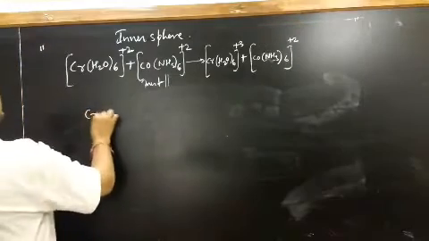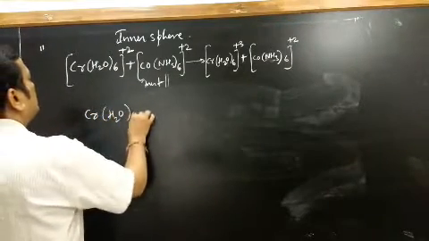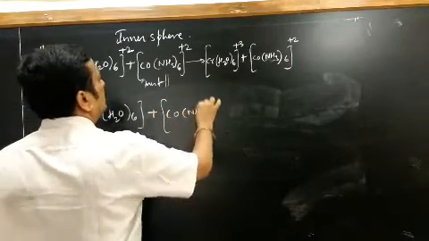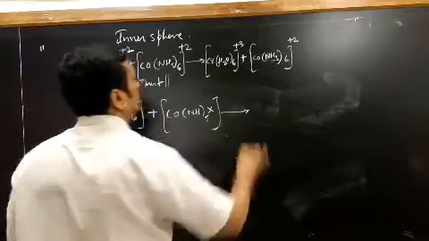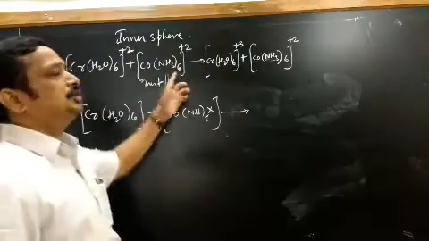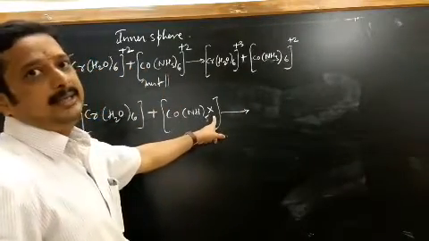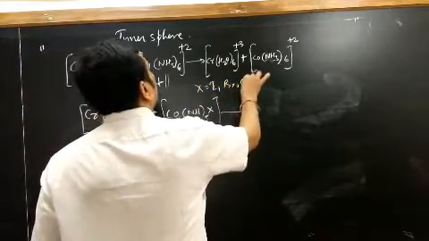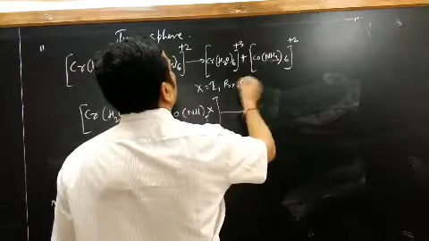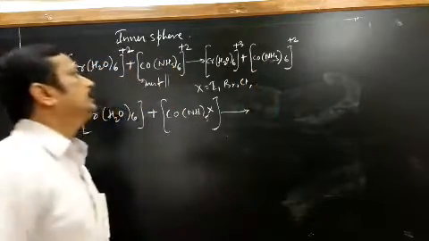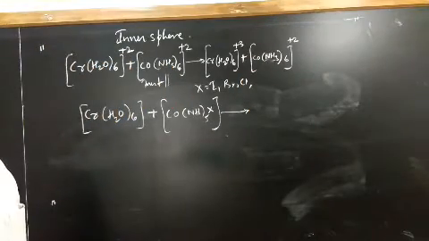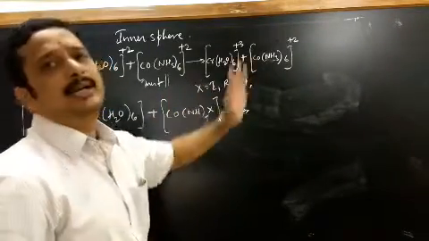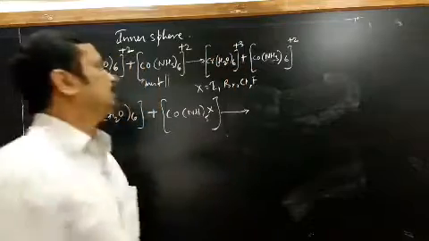Same thing: Cr(H2O)6 2+ plus cobalt pentaamine X. I am taking one of the ligands as a halide, X. X may be iodide, bromide, chloride, and fluorine also, though fluorine is highly electronegative.